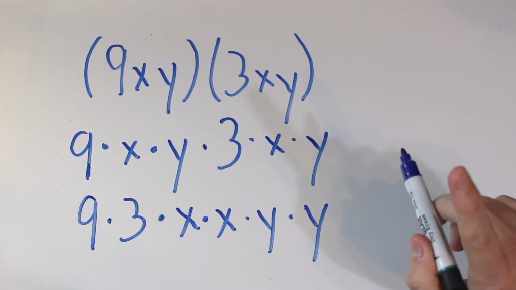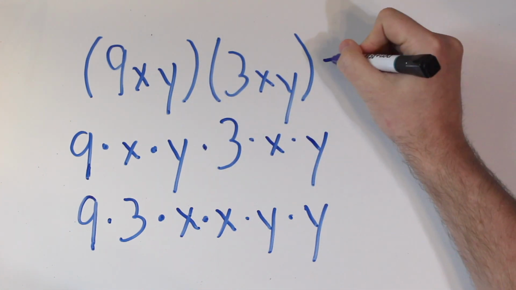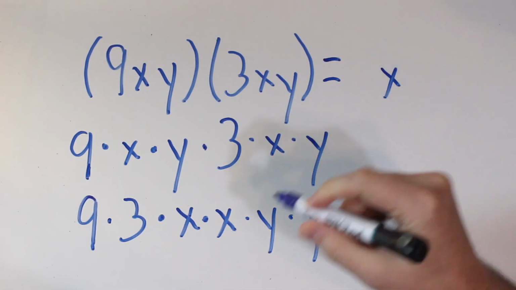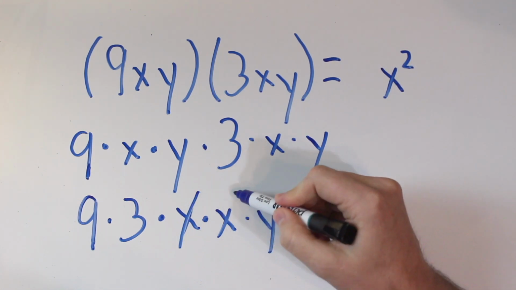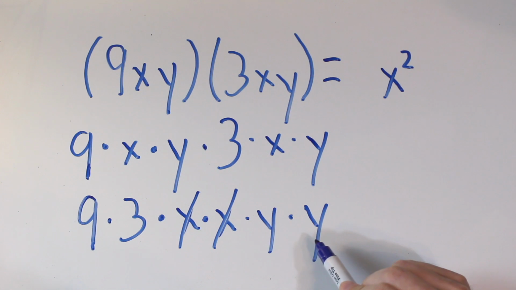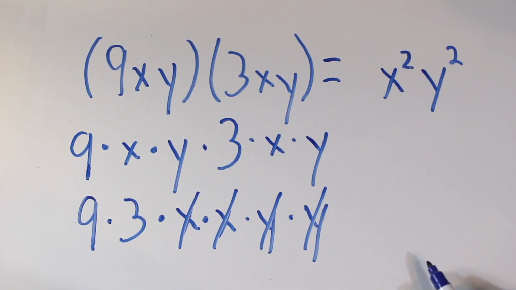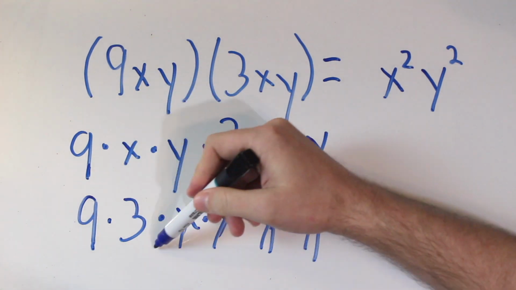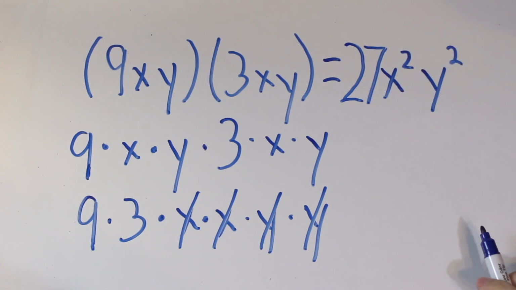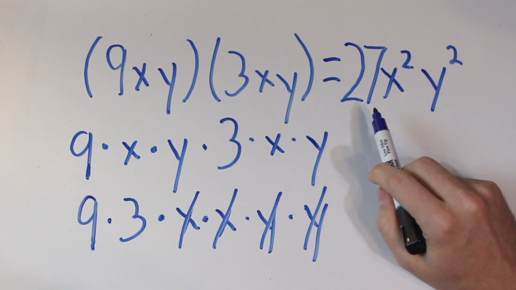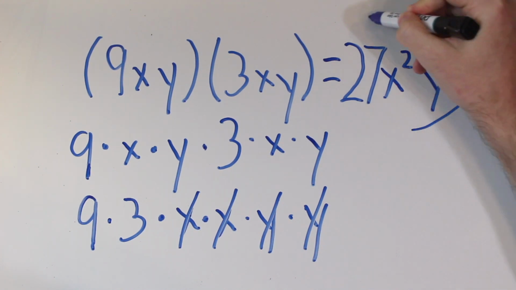Remember, any number multiplied by itself is that number squared. So x times x here is x squared. The same thing goes for this y times y. That is y squared. So now all we have left is 9 times 3, which is 27. So our answer is 27 x squared y squared. Nice job.